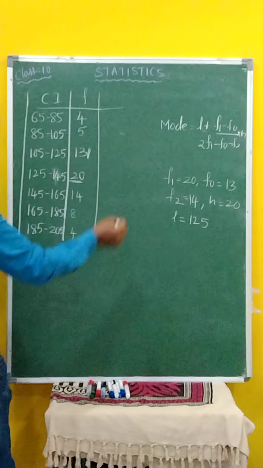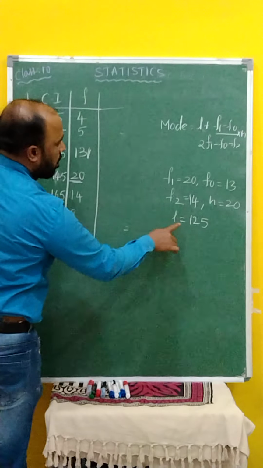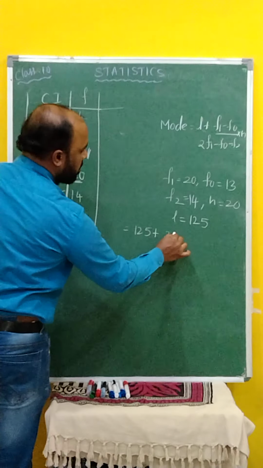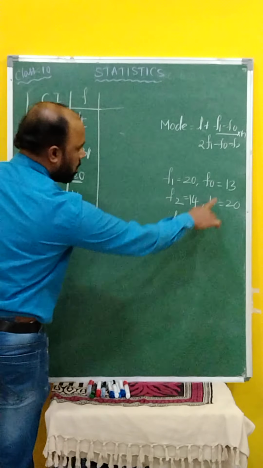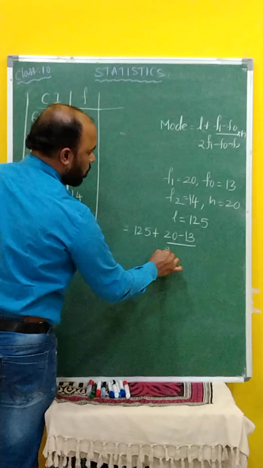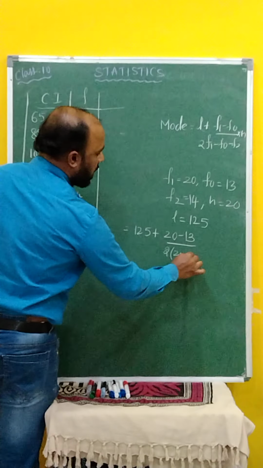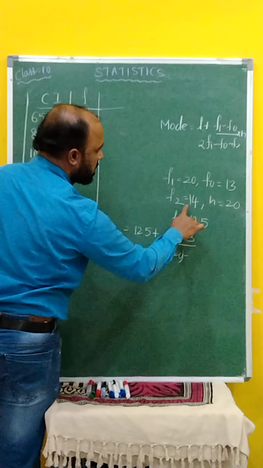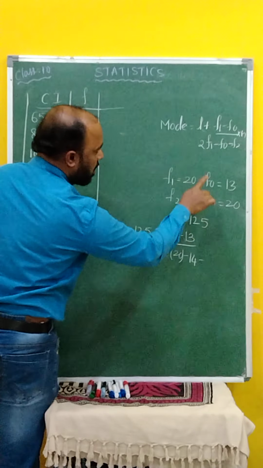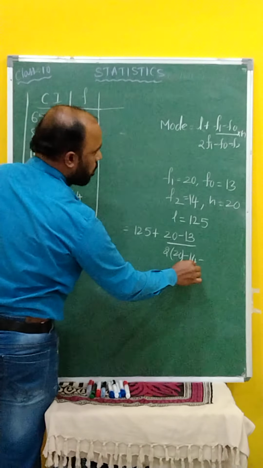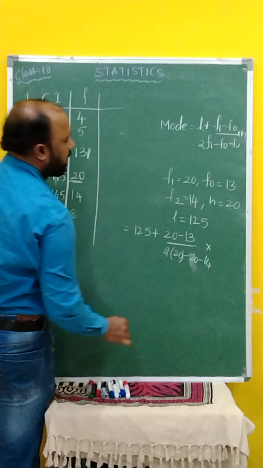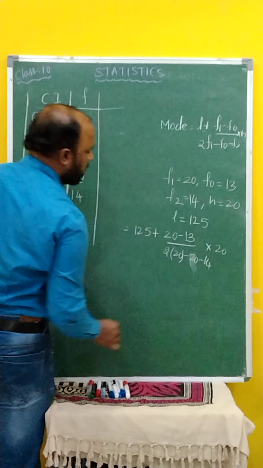Okay, now directly applying this: 125 plus F1 value, it is 20, minus F0 value 13, divided by 2F1, 2 into 20, minus F0, which is 13, minus F2, which is 14, and then again H value is 20. Clear children?